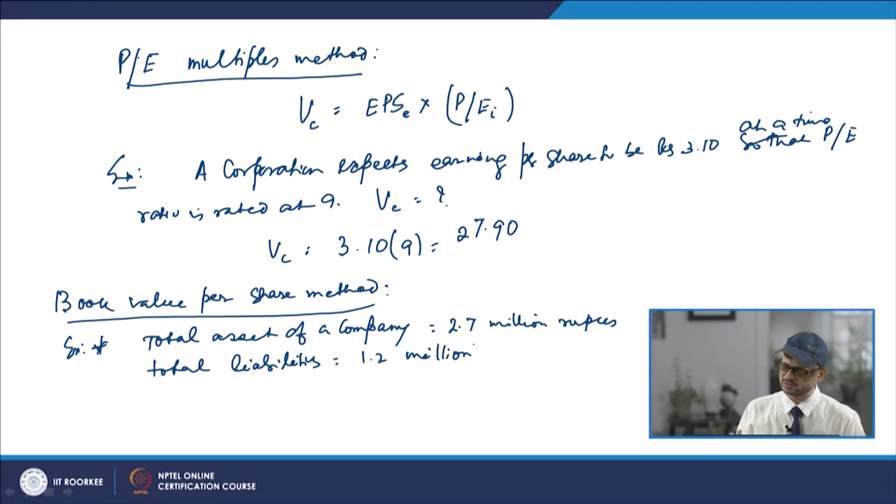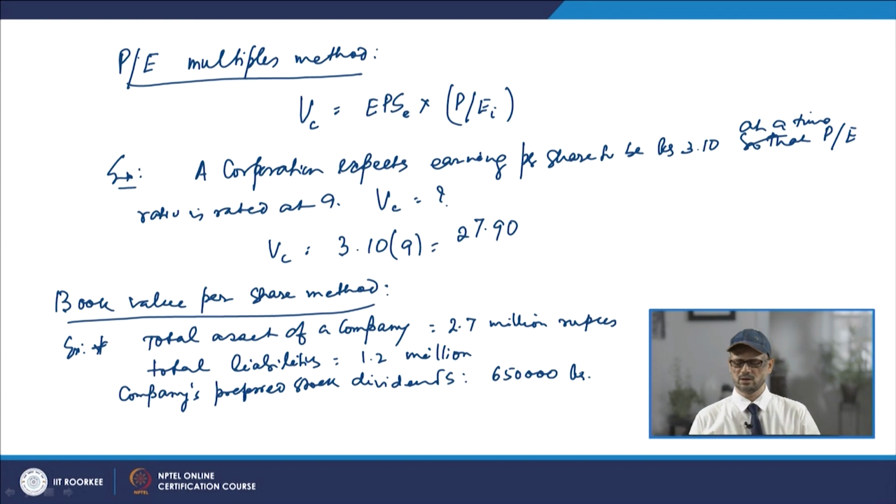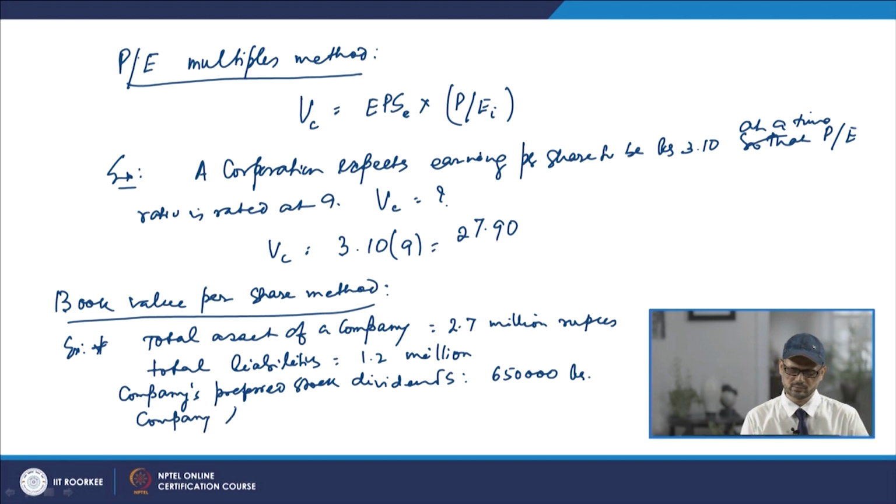The company's preferred stock dividends are calculated as 6,50,000. And the company also has 85,000 common stocks.